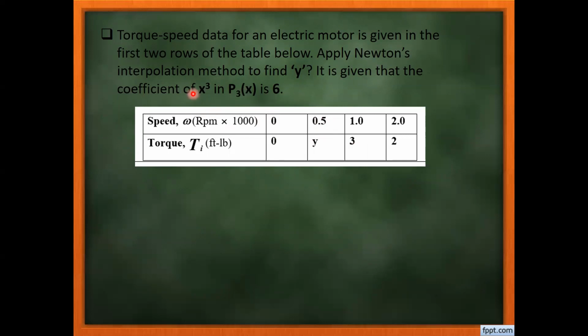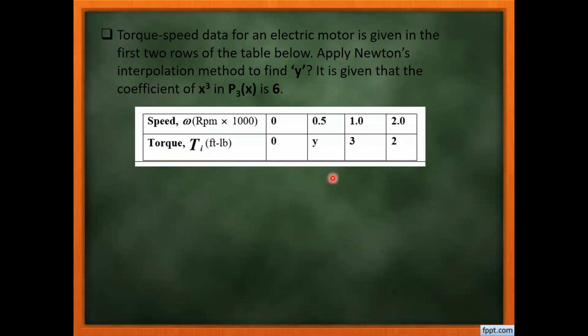The second approach can be, as I know that the coefficient of x cube is 6, this means that the value of a3 is 6.